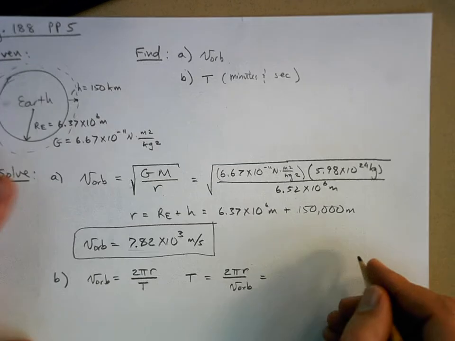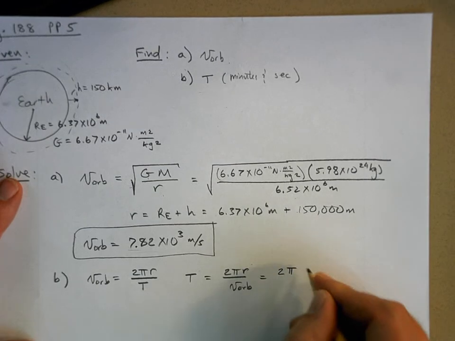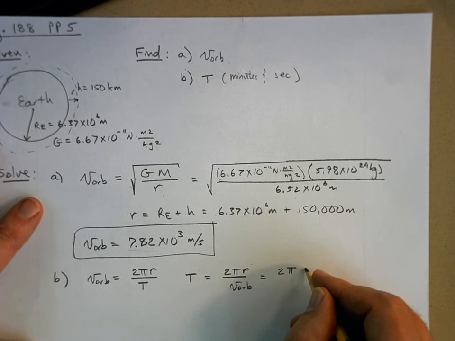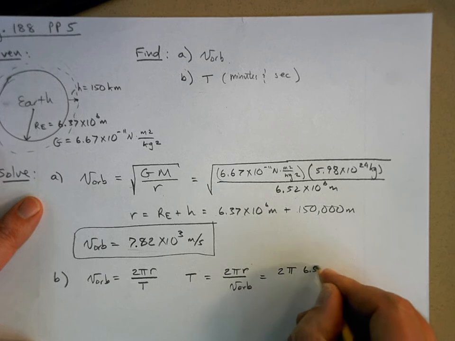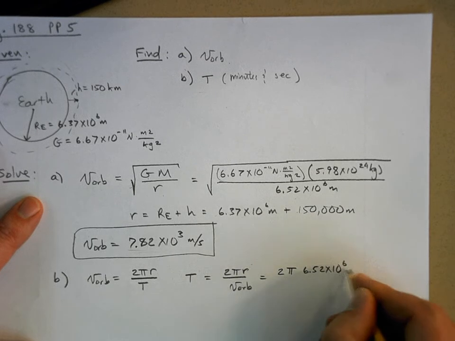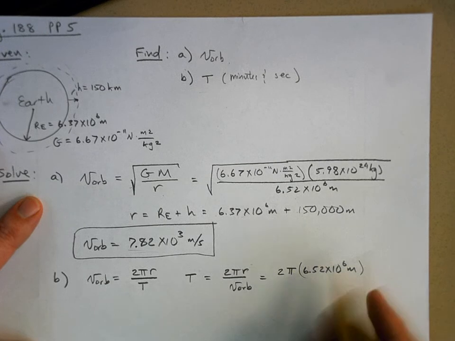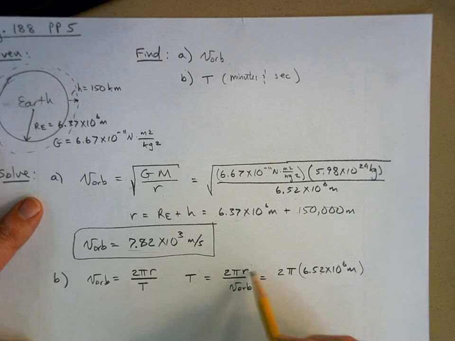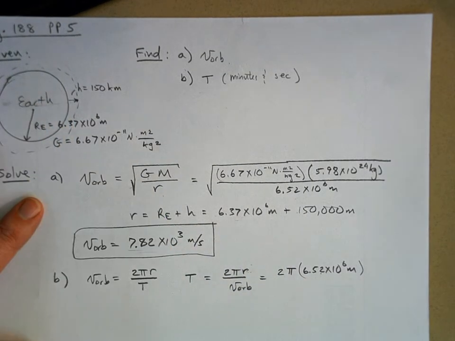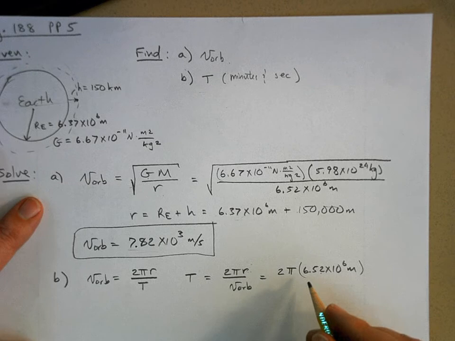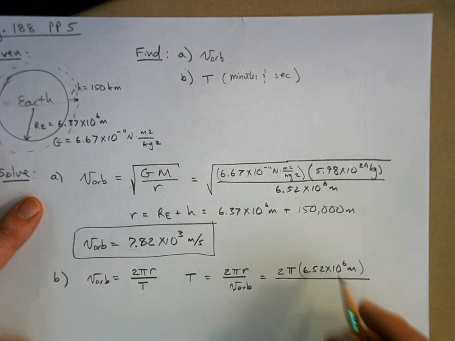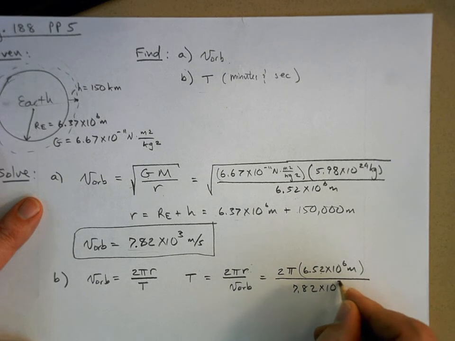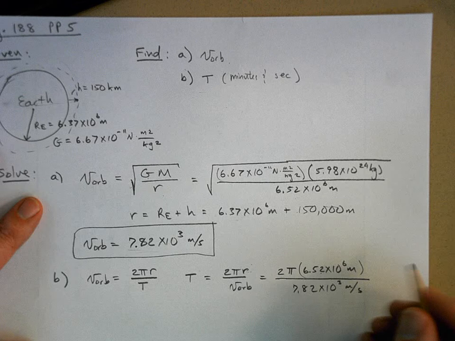That's 2 times pi times r, which is 6.52 times 10 to the 6 meters. You can make a mistake here if you accidentally use just the radius of the Earth. You have to use the radius of your orbit, which is a little bit farther out, 150 kilometers above. Then we divide by 7.82 times 10 to the 3 meters per second.